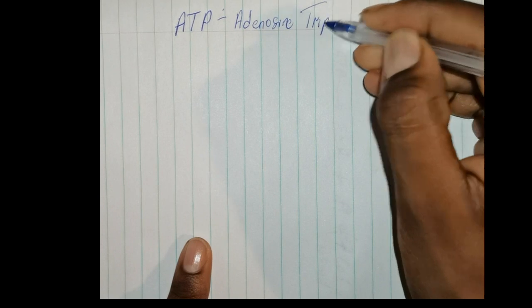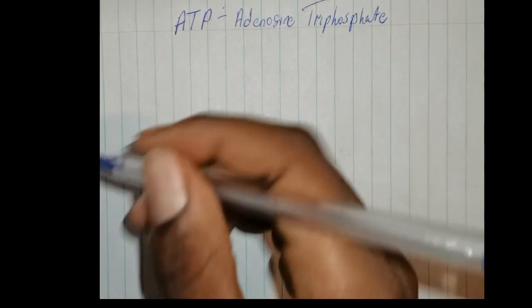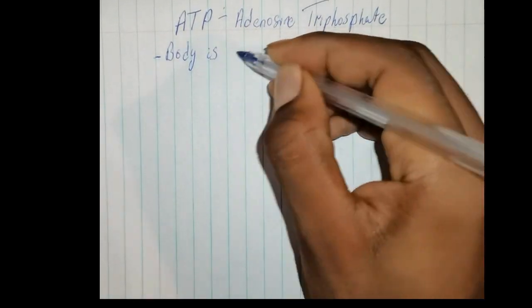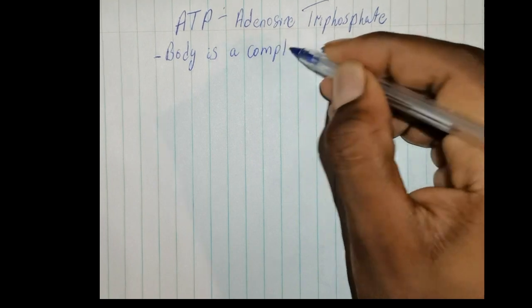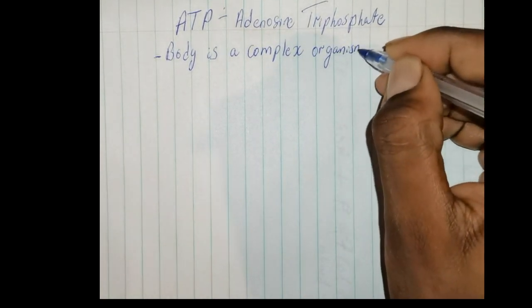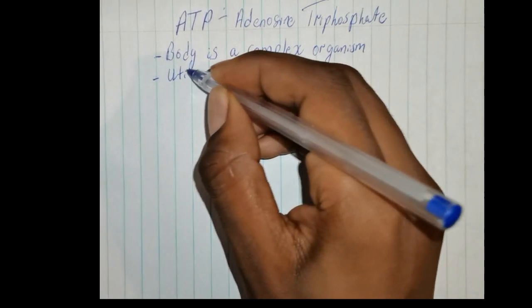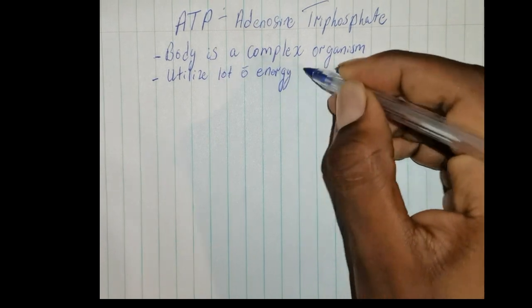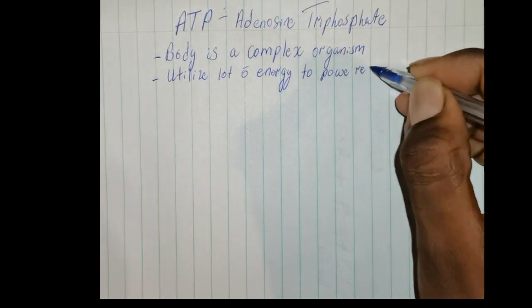Today we are going to talk about adenosine triphosphate, also known as ATP. The body is a complex organism, and as such, it takes energy to maintain proper functioning. Adenosine triphosphate is the source of that energy for use and storage at the cellular level.